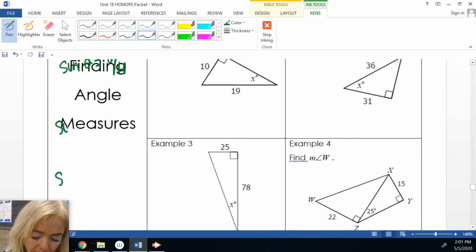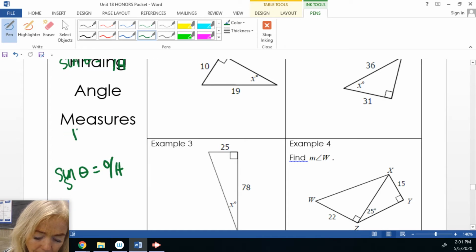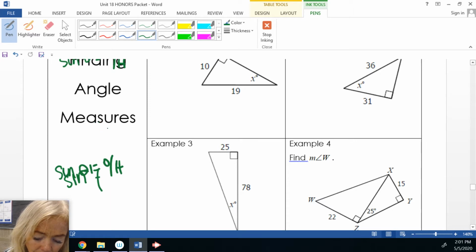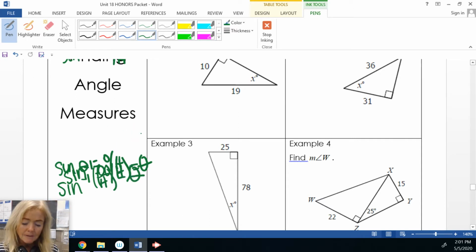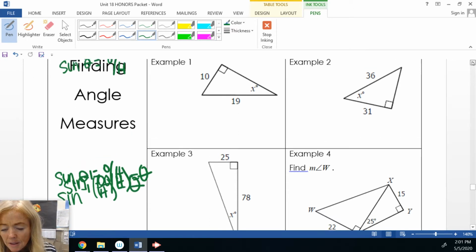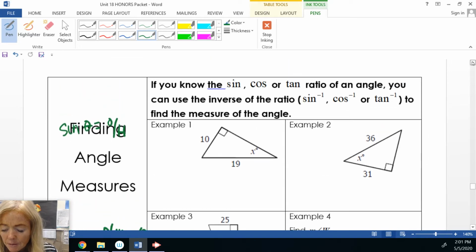So if sine theta is opposite over hypotenuse, then if I take sine inverse, remember the inverse functions, of opposite over hypotenuse, then that is equal to the angle theta. Sine inverse of opposite over hypotenuse equals theta. Maybe I'll write it right here.